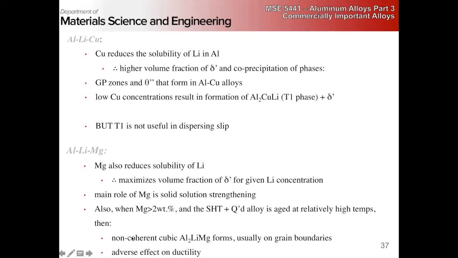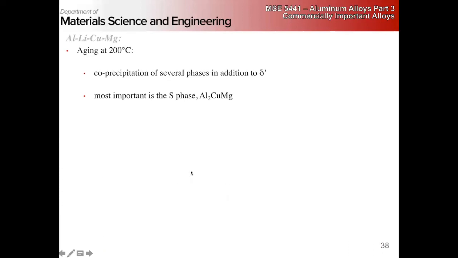These are non-coherent cubic, usually on the grain boundaries, and they have an adverse effect on ductility. So we have to be careful with how much magnesium we add. But it's a good way of increasing our volume fraction of the delta because it reduces the solubility of lithium.